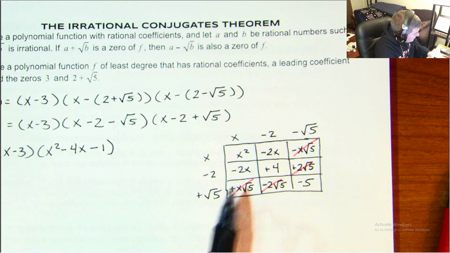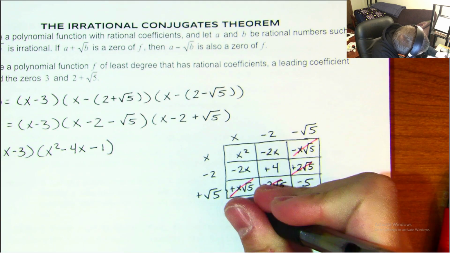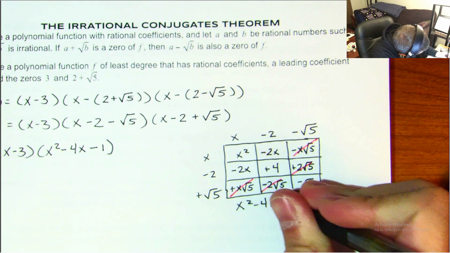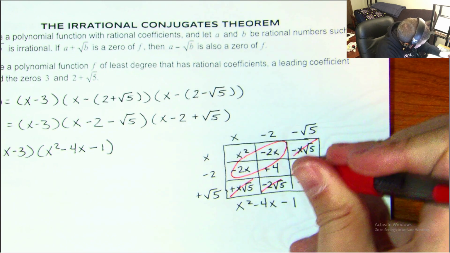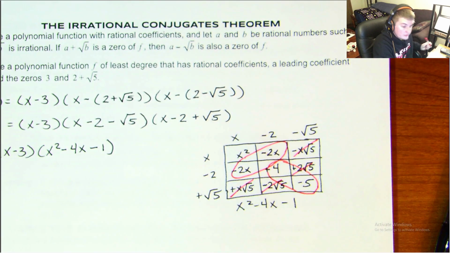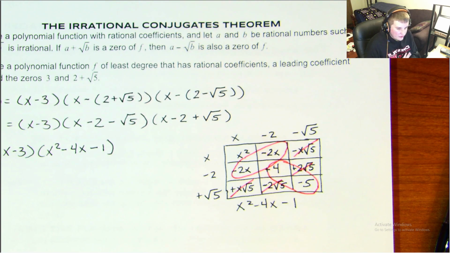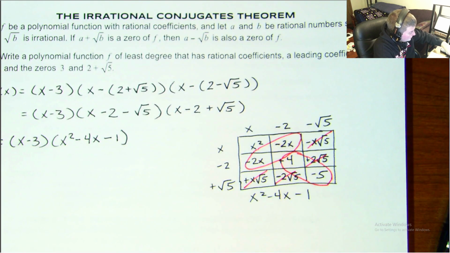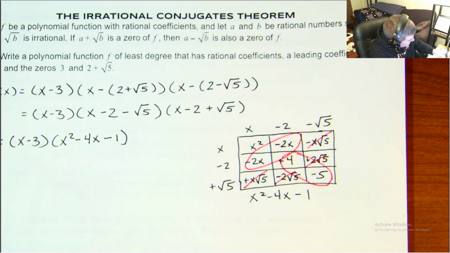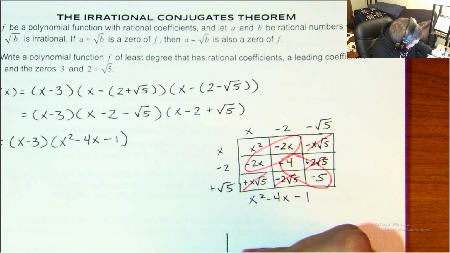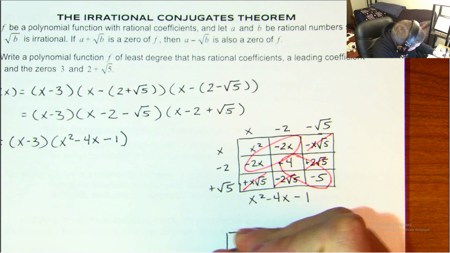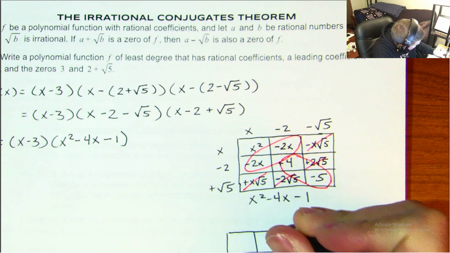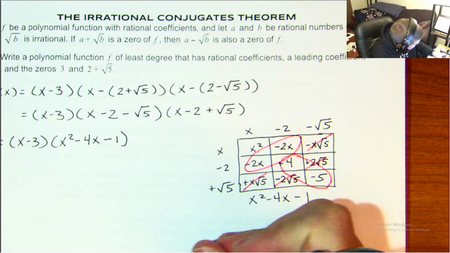Okay, so this here all simplified into x squared minus 4x minus 1, because these parts here and these parts here were like terms that could be combined, and all the other parts just canceled out completely. Okay, and then lastly, all I have to do is now multiply these two by each other. So just a lot of the box method. It is going to require a little bit of work here and understanding what is and is not an opposite.